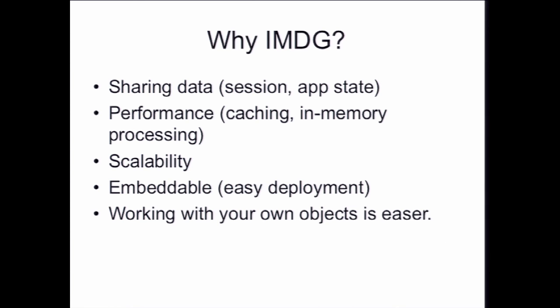Embeddability is a very important feature of an in-memory data grid. Not all support that, but most of the in-memory data grid solutions do support embedding. Also, working with your objects is very easy. You don't have to deal with JSON or any column-row type of data.